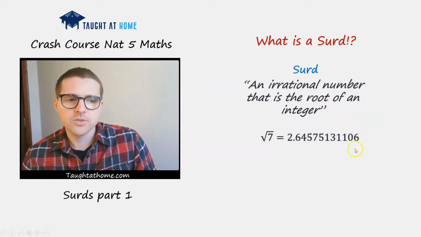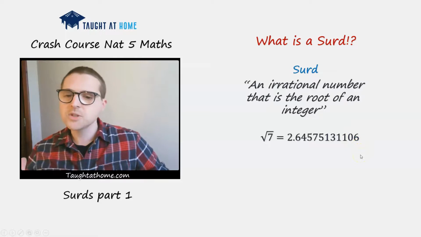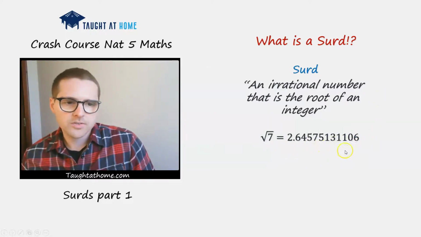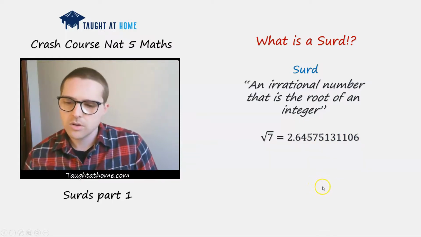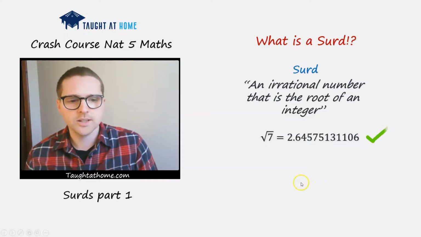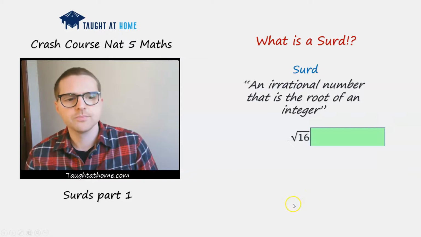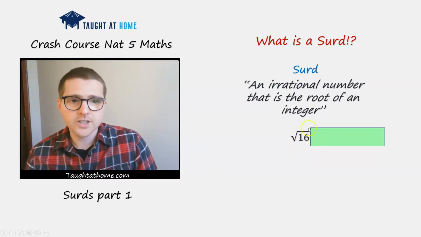And it actually rounds the final digit because the calculator doesn't have an infinitely long display. So this can only display it to about 12 digits. But this is a surd because it is non-repeating, non-terminating, and therefore it's irrational.